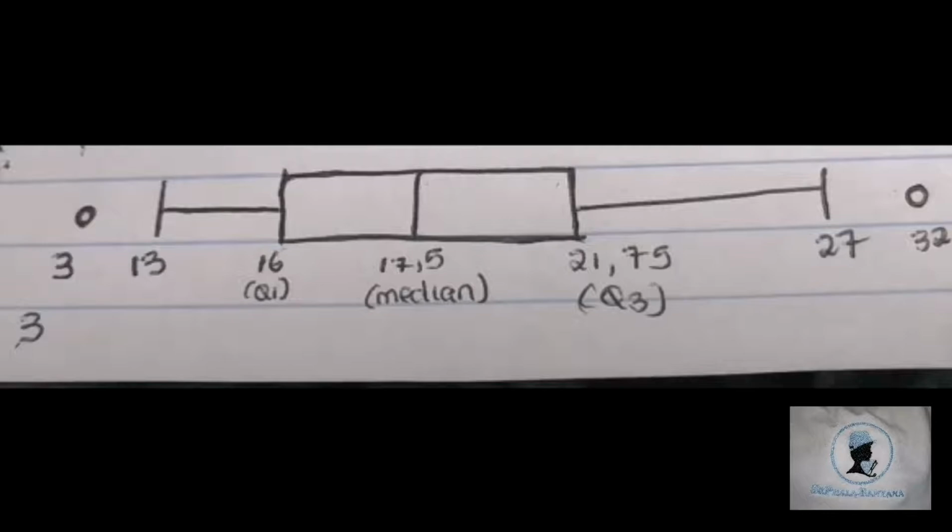Take note that this sketch is not up to scale. So you would check by saying this minus that, this minus that, and then see which one is smaller. But if you drew your box and whisker to scale, you will just see by observing, and then you will find the value.